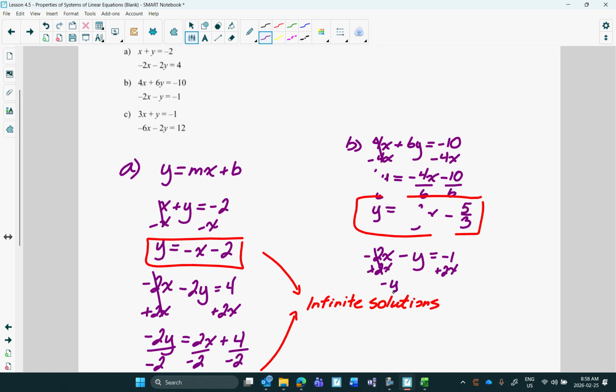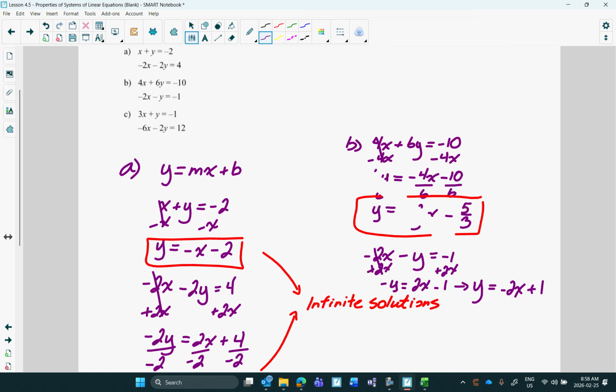And I get negative y equals positive 2x minus 1. We haven't solved for y yet because we've got a negative. What's the quick way to fix that? Yeah, change all the signs. Make this positive, which means this positive has to become negative, and this negative becomes positive.